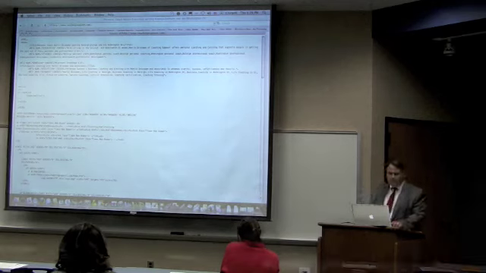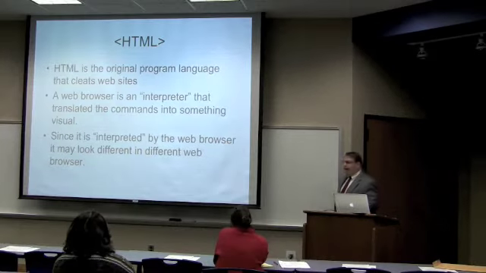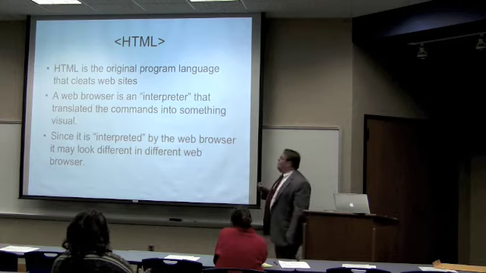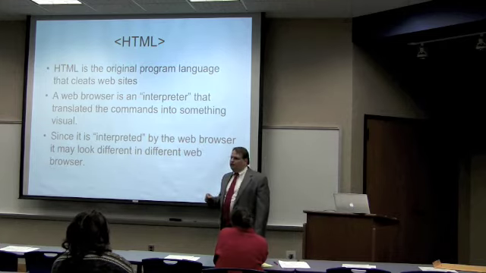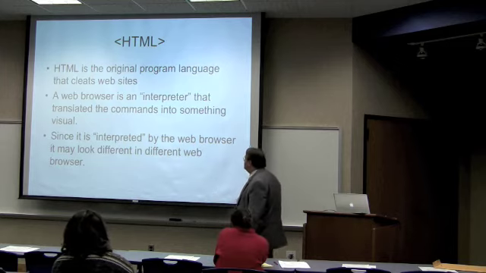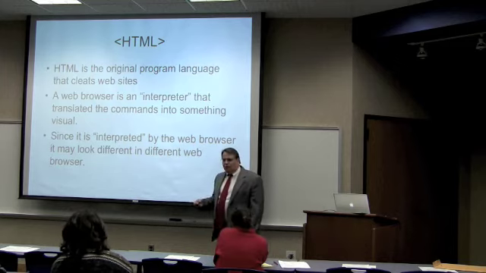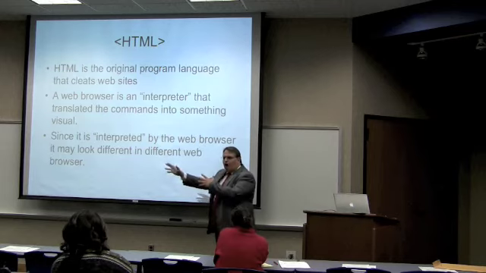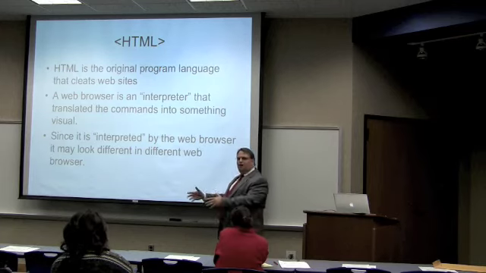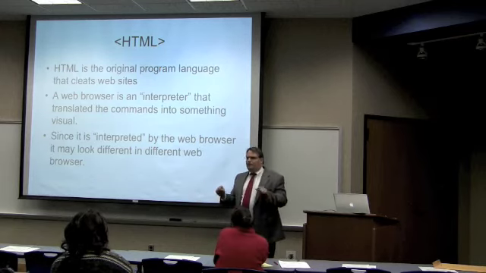So HTML, hypertext markup language, is the original instructions that make up the web. It's a programming language that's sent through the wires and internet, and then it comes to your web browser, and the terminology is, it is an interpreter.